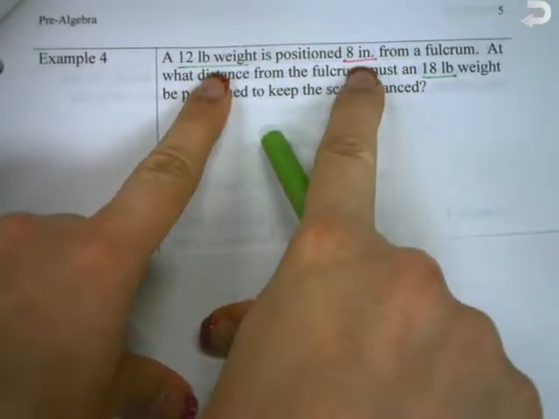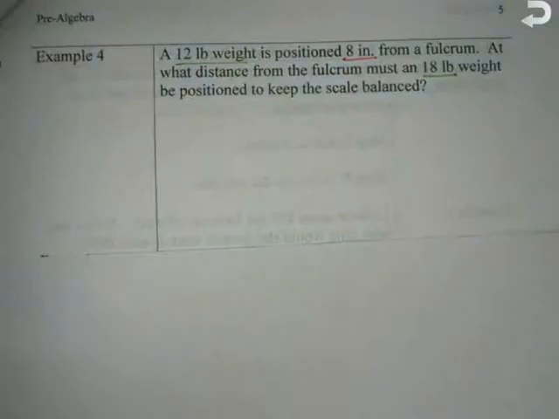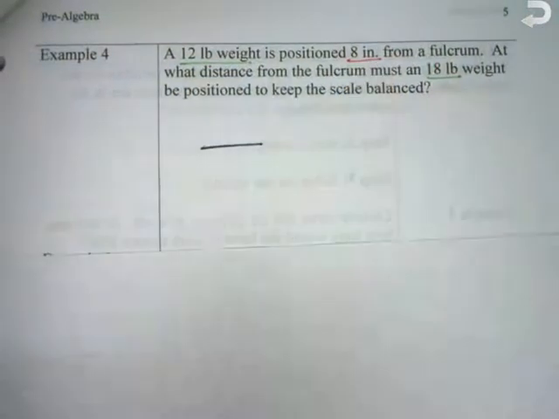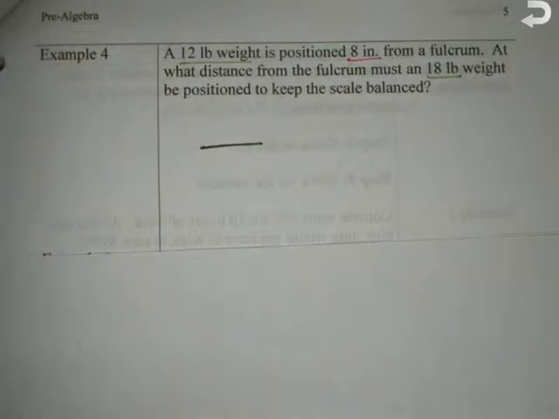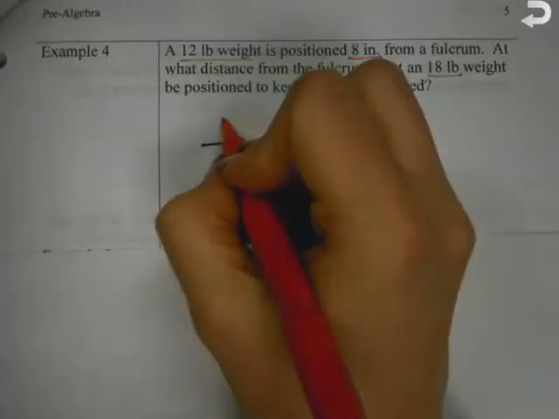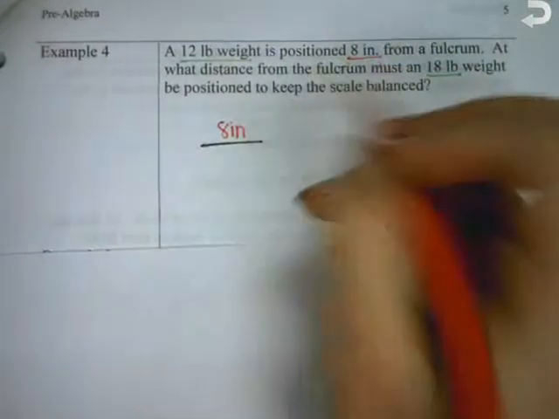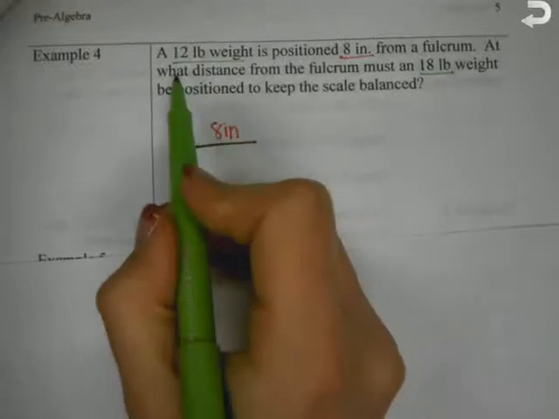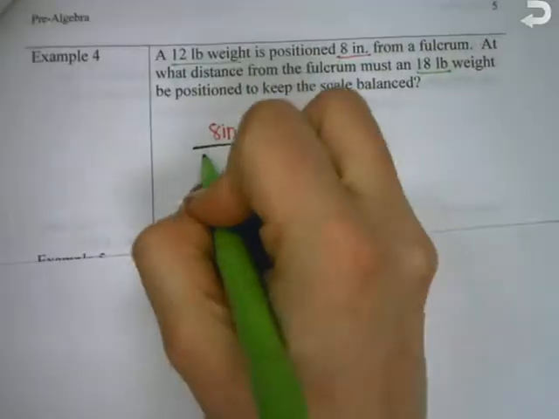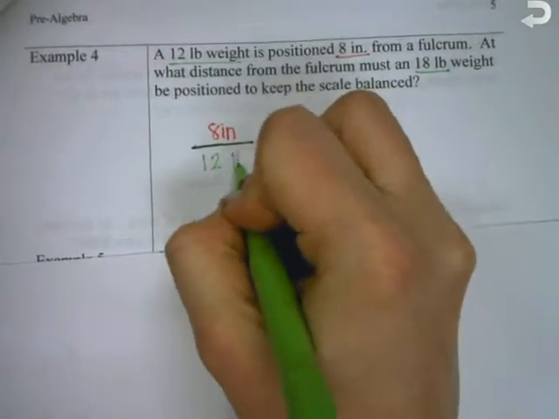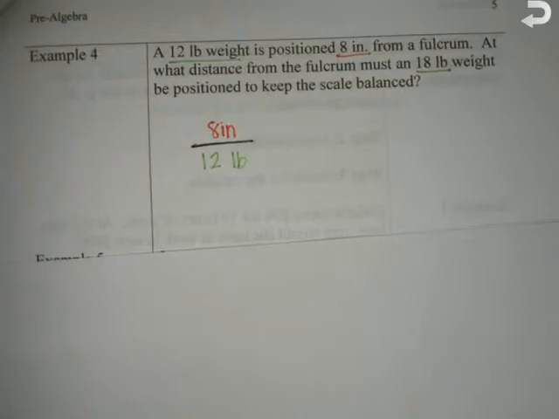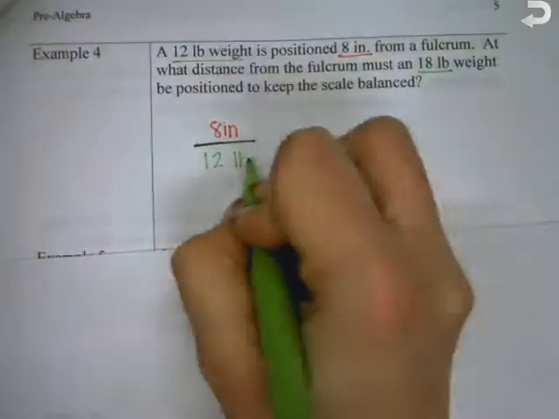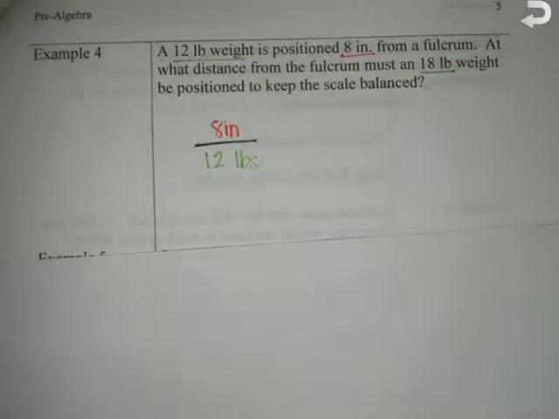Do you want to put the weight or the inches? The inches? Okay, so we're going to put 8 inches on top, which means what goes on the bottom? The weight, 12 pounds. Okay, so our ratio is 8 inches for 12 pounds equals.